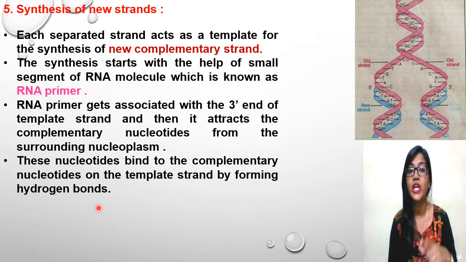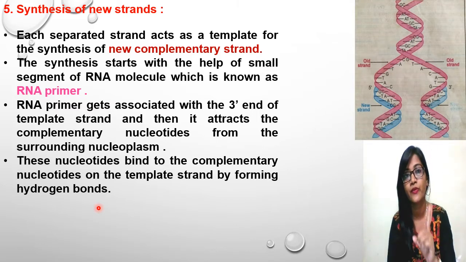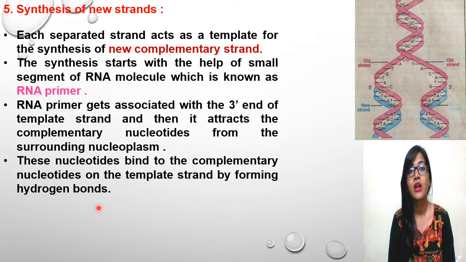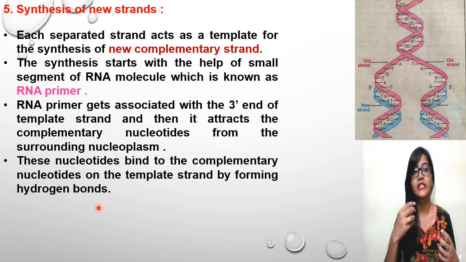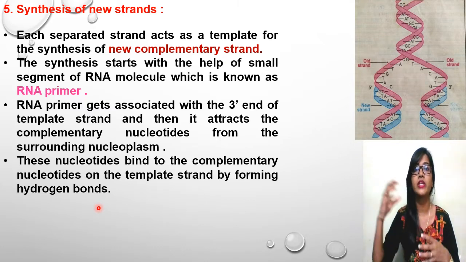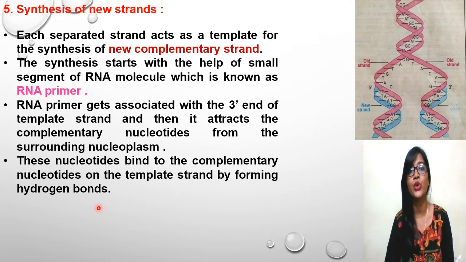We have seen that activated nucleotides are suspended in the nucleoplasm in the first step of the DNA replication. So the DNA polymerase gets attached to the RNA primer, the activated nucleotides get attracted, and there is synthesis of a new strand on the template DNA.